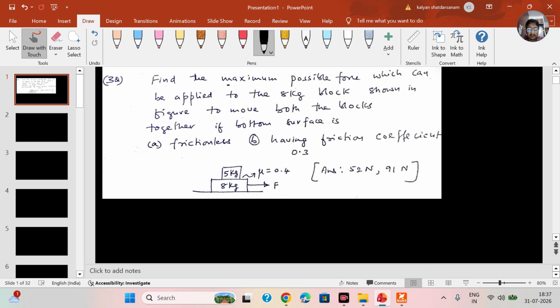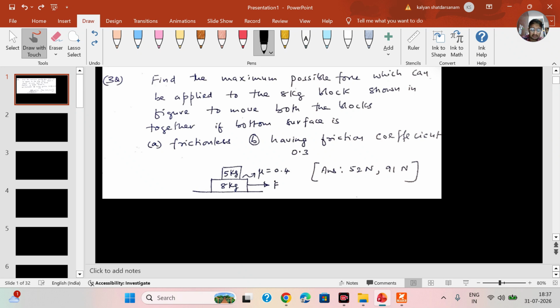So let's try to read this question. What he's saying is find the maximum possible force. So this is the force which he's applying, and you have to find the maximum value of that to move both the blocks together. So you have to find the maximum force up to which both blocks move together.